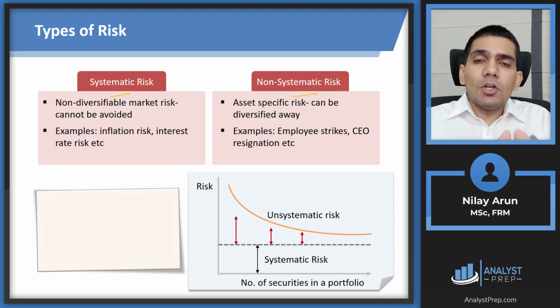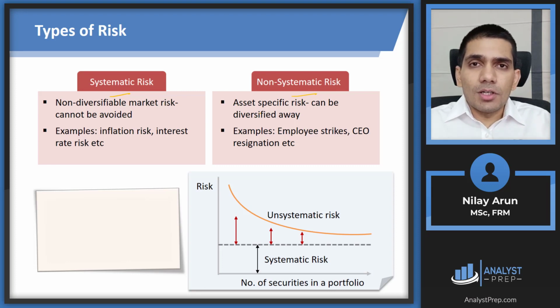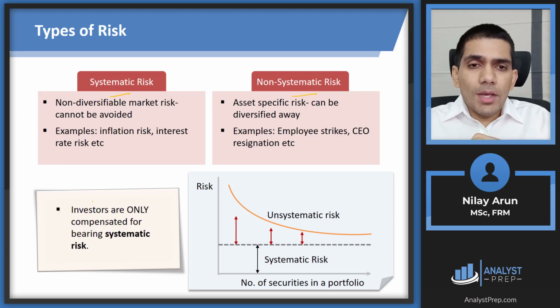Why should the market be compensating you by giving you extra return for it? So the market should only be compensating you for that risk that you cannot avoid, that you cannot get rid of. And that is the systematic risk. So investors will get compensated only for bearing the systematic risk.